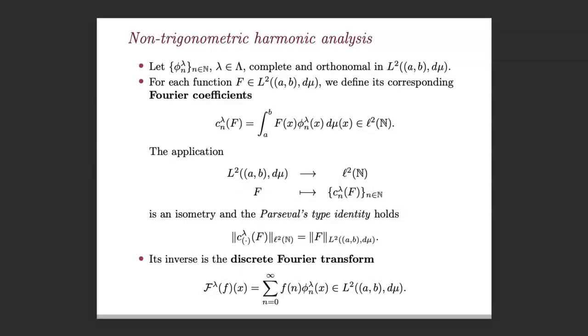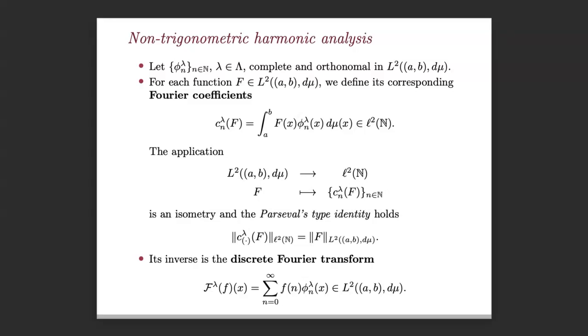When the complex exponential is substituted by other appropriate functions, we speak about non-trigonometric harmonic analysis. Specifically, let phi be a complete and orthonormal system in the Hilbert space L2 on the interval (a,b) with respect to the measure mu. Note that the system could also depend on a parameter lambda, which is called the order.